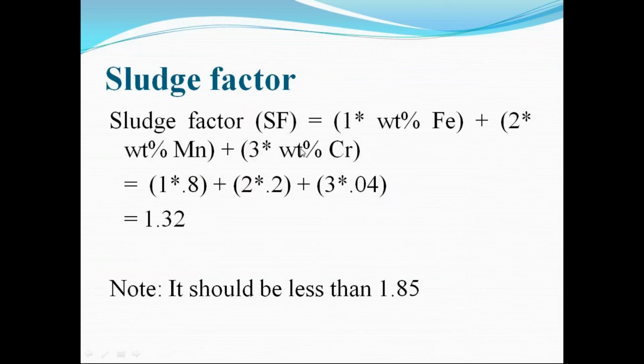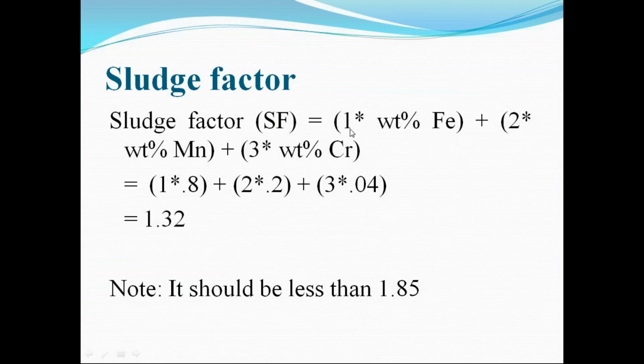Now the next one, this is sludge factor. Sludge means the impurity. It's always best practice to take material with a low sludge factor. The impurities generate at the time of melting, so we generally choose an alloy or material where the sludge factor is low. There is a standard calculation available.